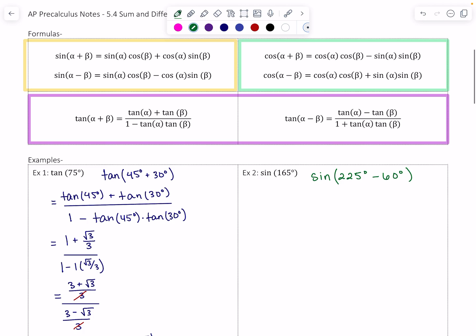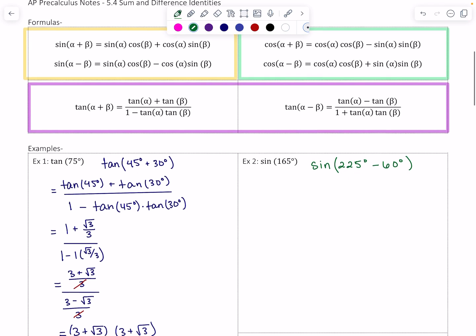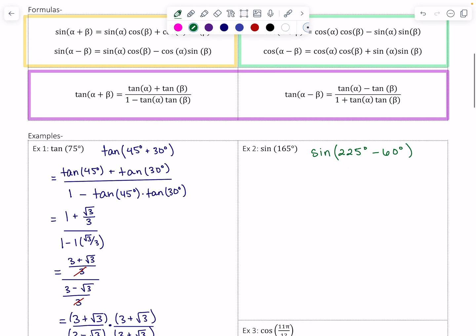And now this allows me to use my difference formula here. So we're going to take sine of alpha cosine beta minus cosine alpha sine beta, using 225 and 60 degrees.